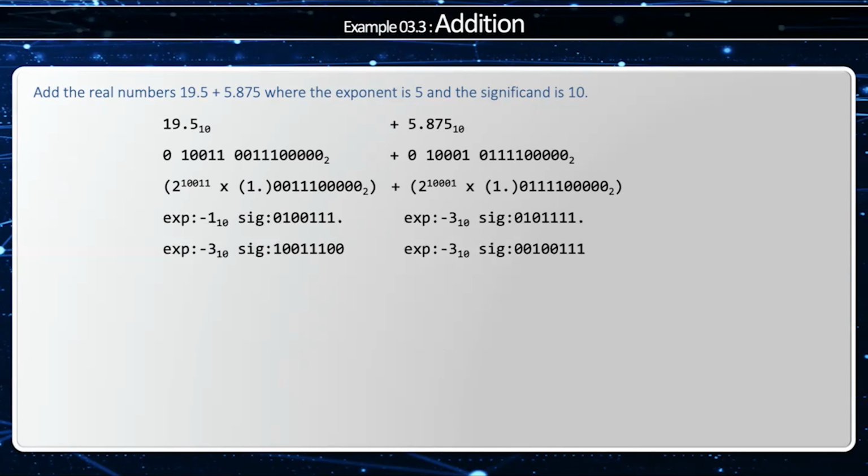On the right-hand side, that doesn't need to change. So now I have 2 to the -3, because it's the shared exponent, times my significant, and I'm going to add them up. And when I add them up, I get 1, 1, 0, 0, 1, 0, 1, 1, base 2. So the result is 2 to the -3 times 1, 1, 0, 0, 1, 0, 1, 1.